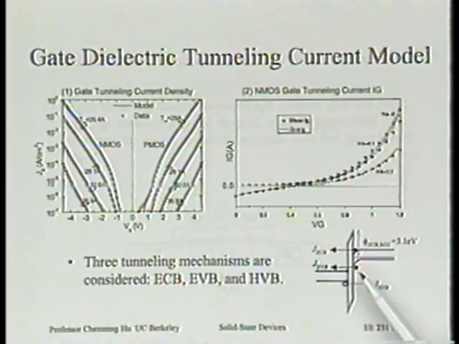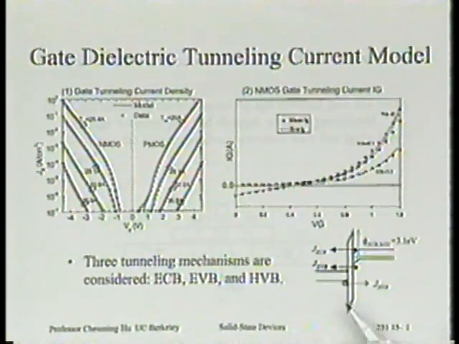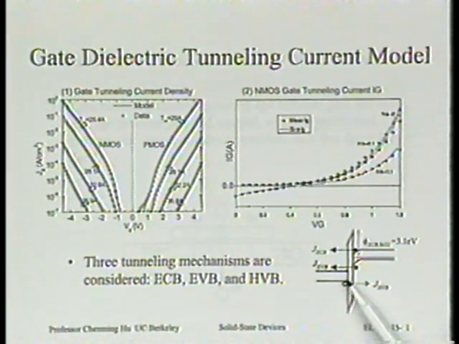In the middle, we're showing the energy diagram of a thin dielectric, let's say silicon dioxide. On the left-hand side, it's the heavily doped, N+ doped gate material. And this happens to be biased in the inversion regime, I suppose.